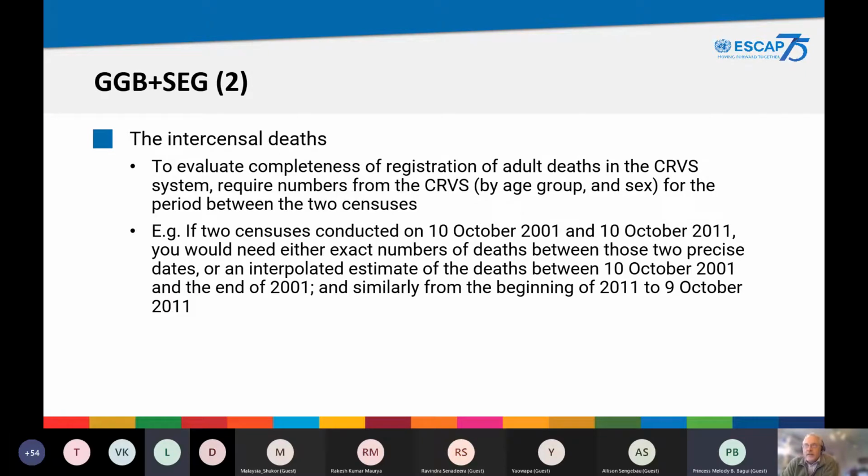Either one has the exact dates of death and can get out all the deaths which occurred exactly between the two censuses, or otherwise we can make a very simple proportional adjustment for the deaths in 2001 and the deaths in 2011, and include all the deaths in 2002, 2003, all the way through to 2010.